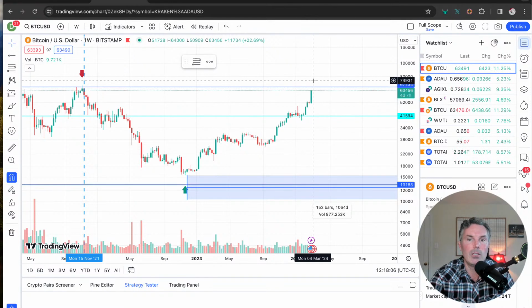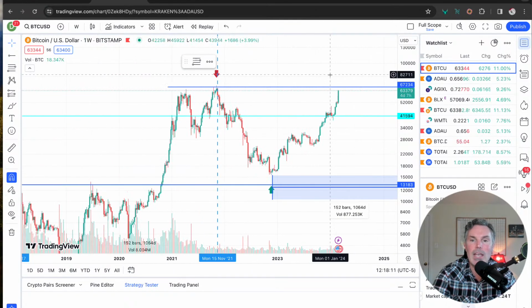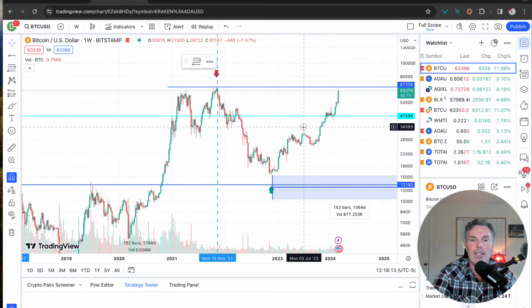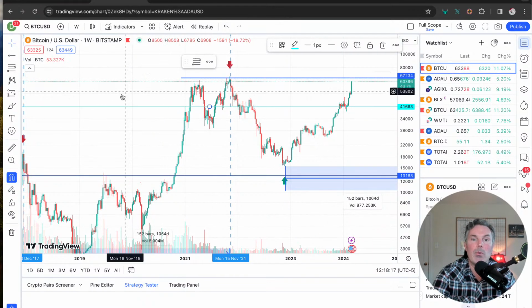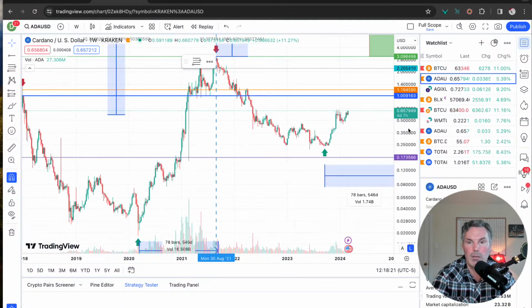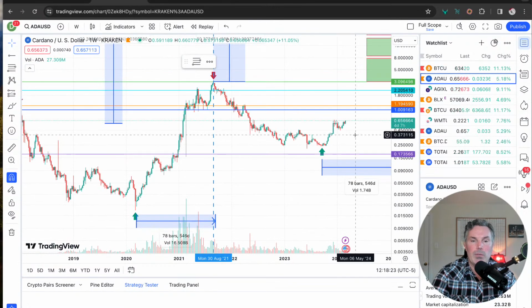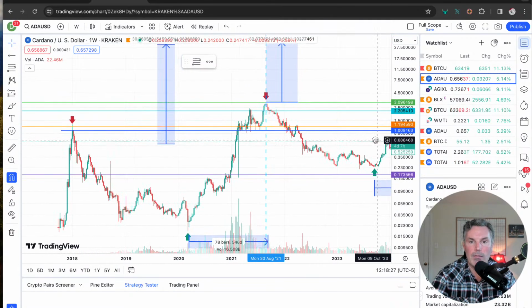Now let's look at the price of ADA. What's interesting about ADA is it has not even touched its previous all-time high, which could be very exciting if you think about it. I already have the trend line here.